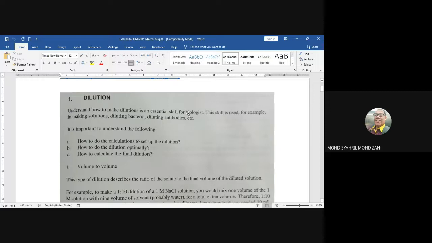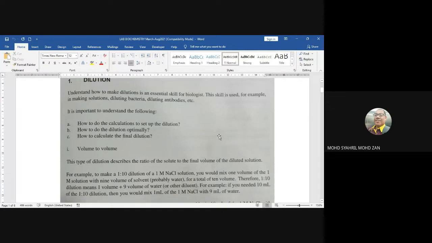Sebagai student biology, awak kena tahulah how to calculate dilution, right? So there are several important things to understand about how these types of dilution work. Number one, how to do the calculation to set up the dilution. Number two, how to do the dilution optimally, right? Last one, how to calculate the final dilution. Okay.